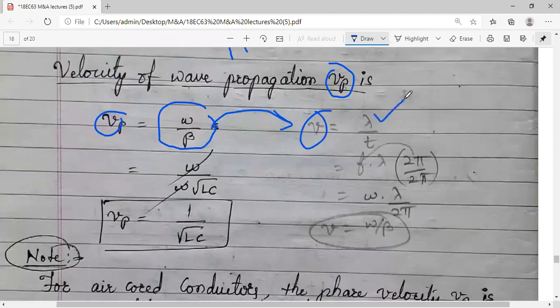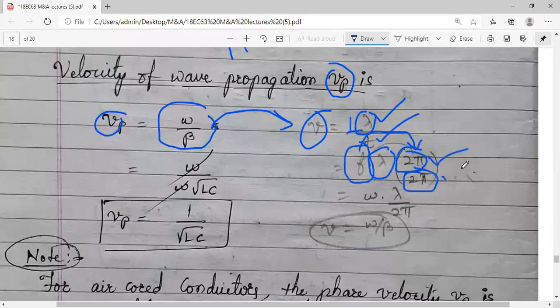Velocity is the distance traveled divided by the time. You know this, right? Distance, in terms of one complete cycle, that is lambda, and 1 by t. This 1 by t, I can replace with frequency f, and lambda I keep as it is. What I will do, I will simply multiply and divide by 2 pi, so that frequency associated with 2 pi, 2 pi f, will become omega.